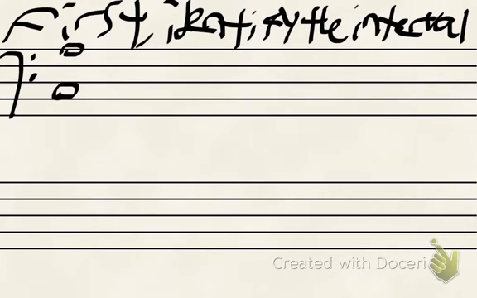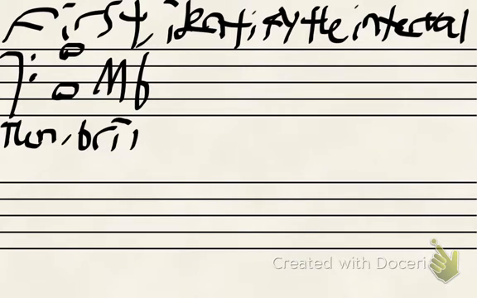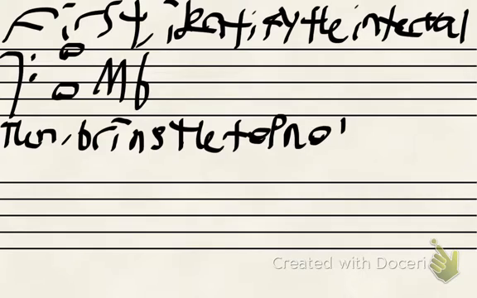Let's try one. You should have gotten a major sixth. The next step is to bring either the top note of the interval down an octave or to bring the bottom note of the interval up an octave.